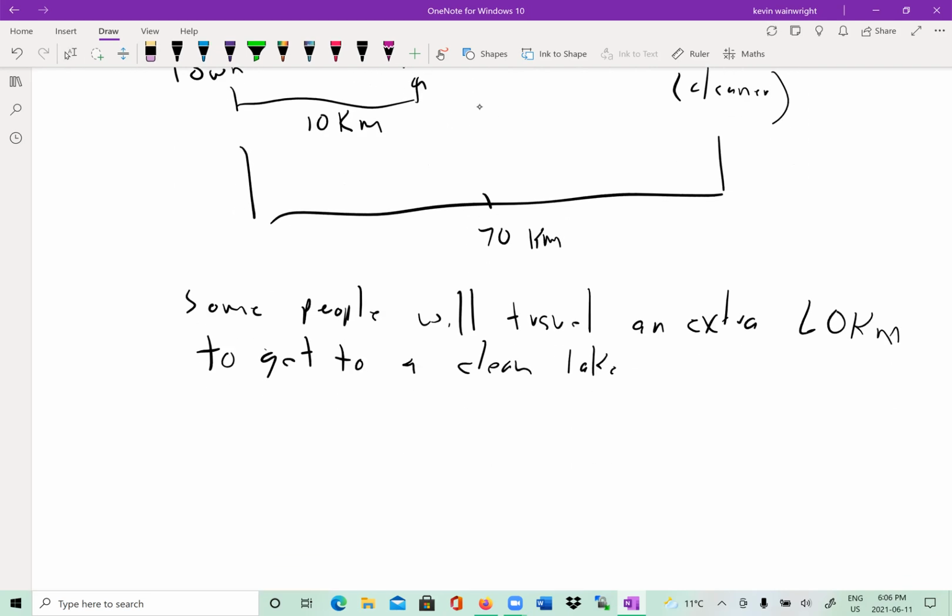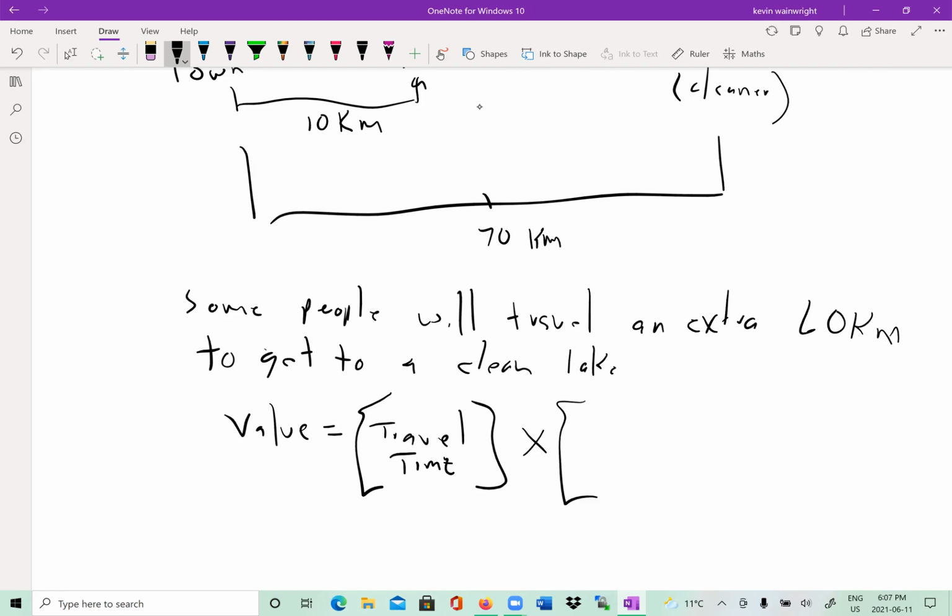And the value is equal to travel time, so whatever it takes to go the extra 60 kilometers, and we multiply that by the opportunity cost of time, sometimes referred to as the wage. So this is one way of calculating, is to look at these travel costs, okay?